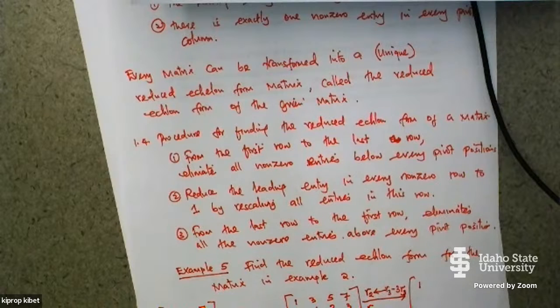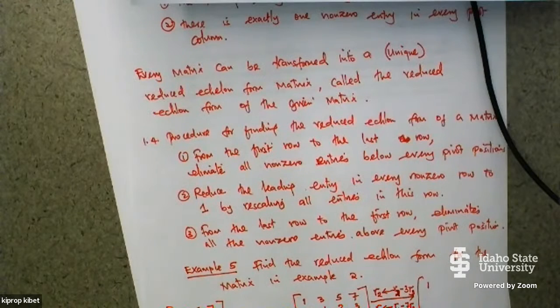So the new R1 is R1 minus 7 R3. To get a new R2, it is R2 minus 3 R3.